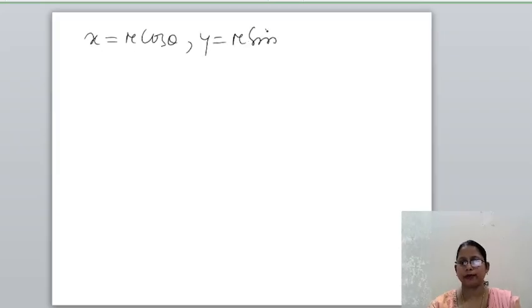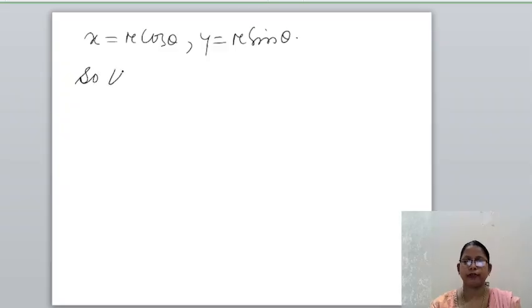Now next, we know the relation between polar and Cartesian coordinates is x equal to r cos theta, y equal to r sin theta. We have already discussed it in the Argand plane lecture.